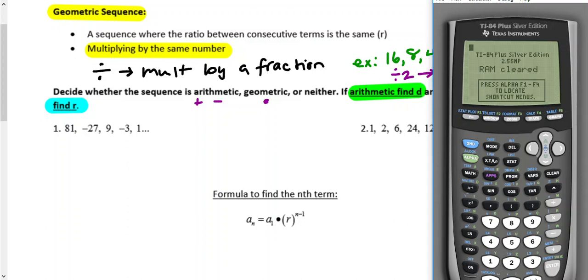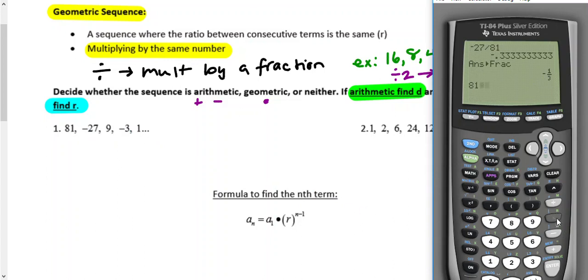You are going to take the second number, in this case, negative 27, and we're going to divide that by our first number, which is 81. Hit enter, math, enter, enter, so negative 1/3. And you can always double check it by starting with the first one.